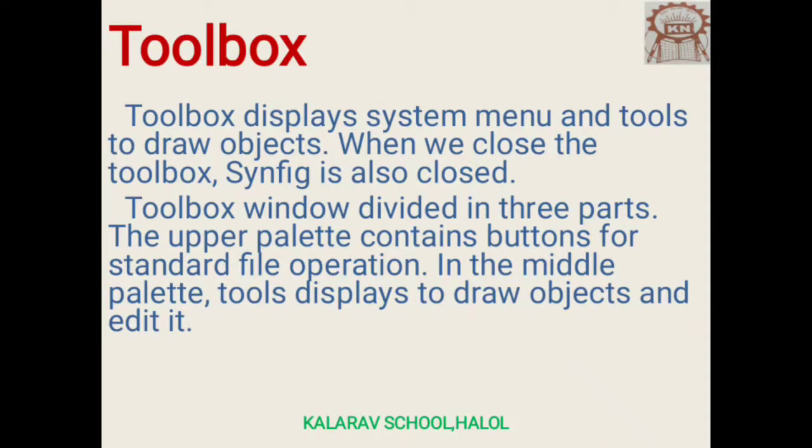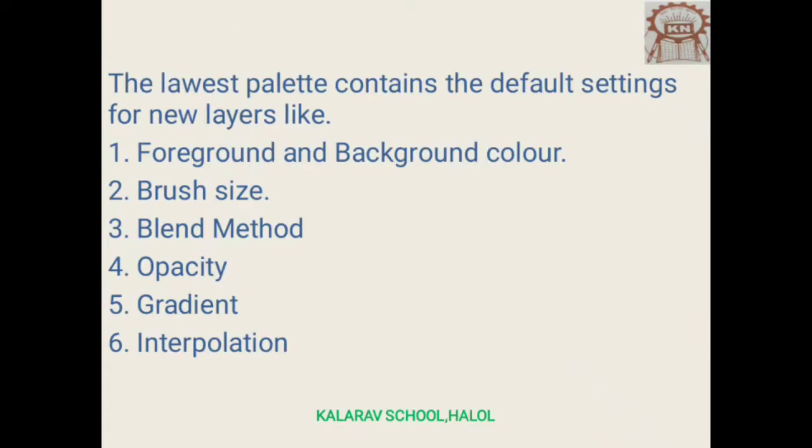Synfig toolbox window is divided in three parts. The upper part displays buttons of file operations like open a new file, open a file, save a file, etc. The middle palette displays buttons for drawing objects and editing them, for example circle, rectangle, brush, etc. The lowest panel contains the default settings for new layers like foreground and background color.